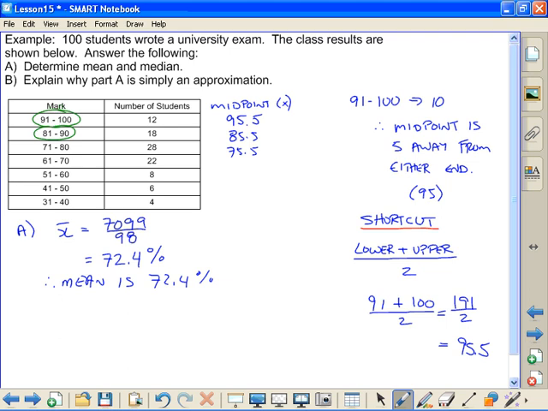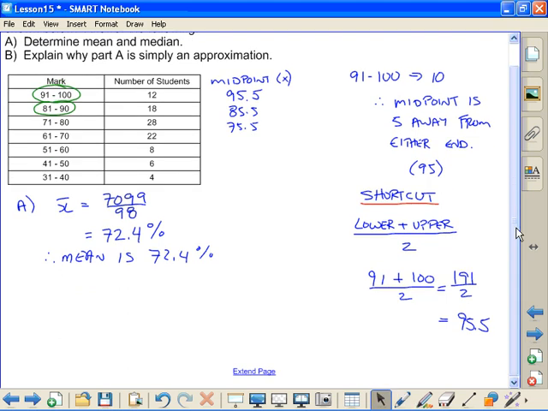Now, how do you calculate the median? Well, I know that there are 98 pieces of data.